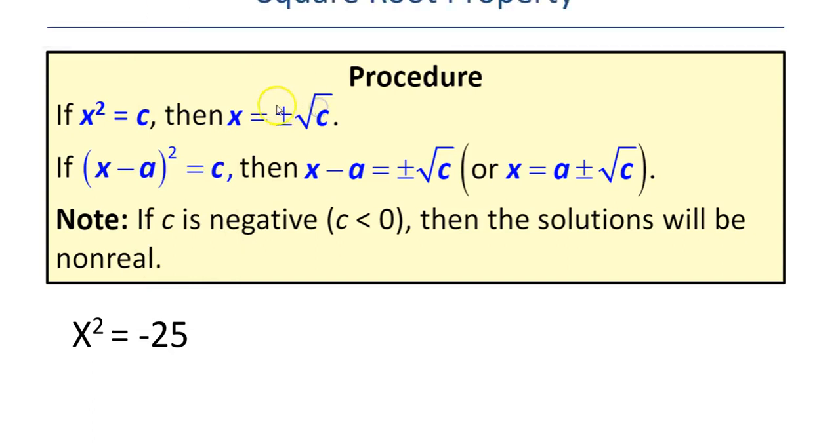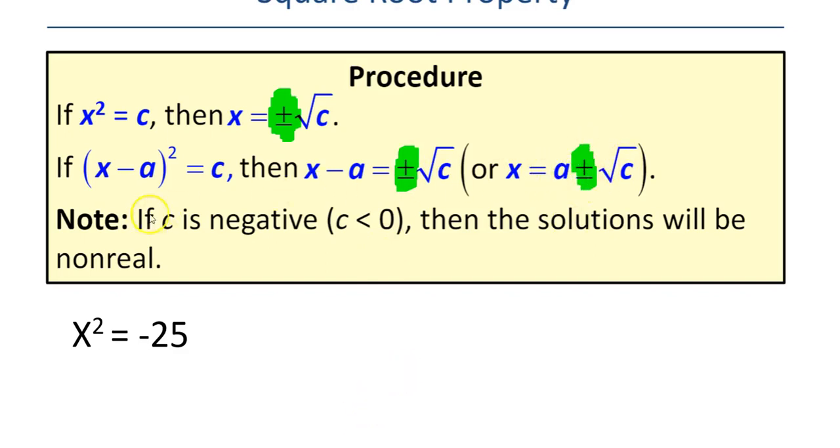This right here, plus or minus, you're going to end up having two answers. Then notice here, if x minus a squared equals c, then x minus a equals plus or minus the square root of c.